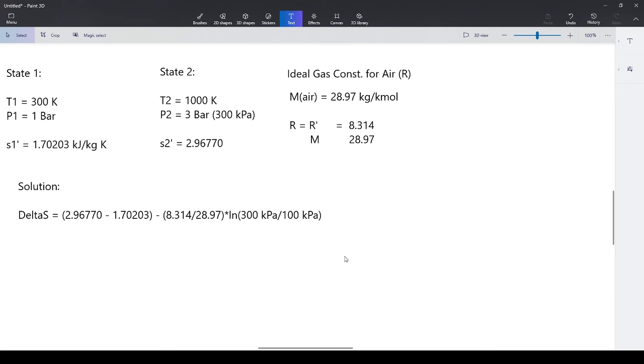Sorry for how long this is taking. So I've got that. Then we have 2.96770 minus 1.70203 minus 0.315287.